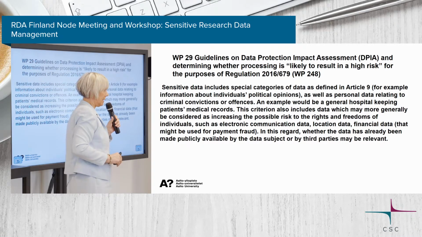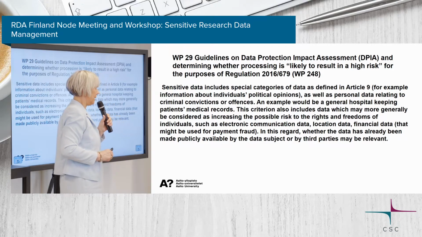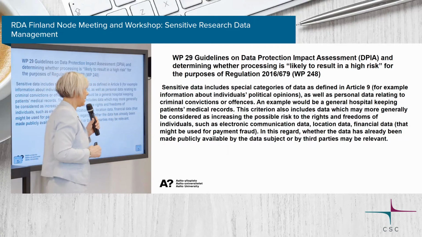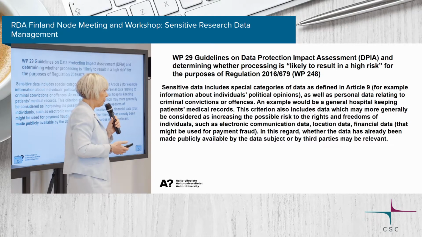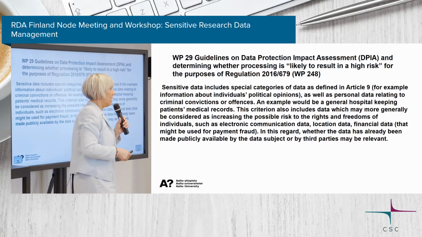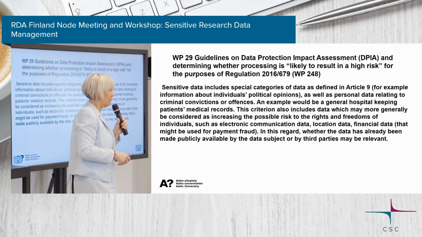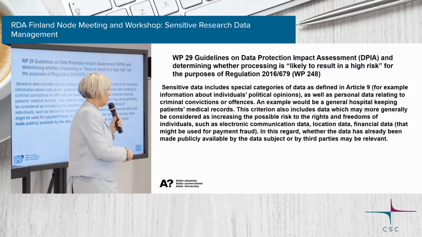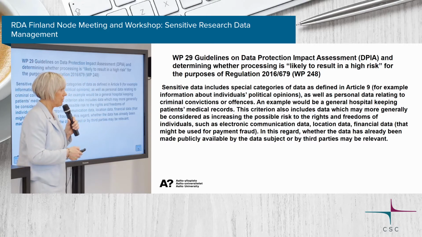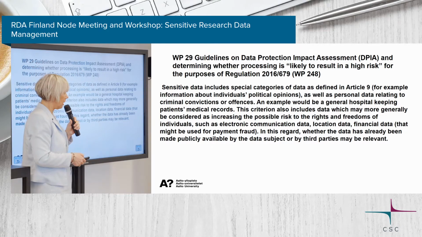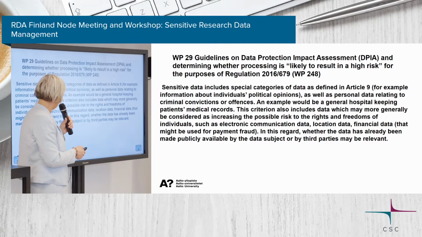So location data is sensitive data and should be dealt with as such. Location data tells, for example, where your phone is located. So that will tell you about your sex life, your religious life, your political views. So location data is an example of sensitive data if you collect location data from a phone.